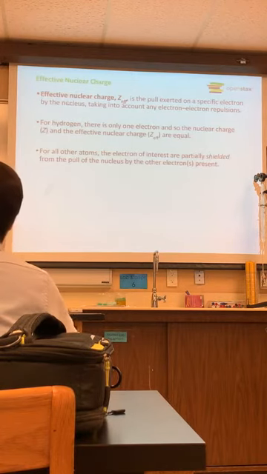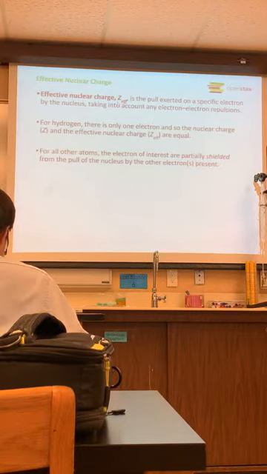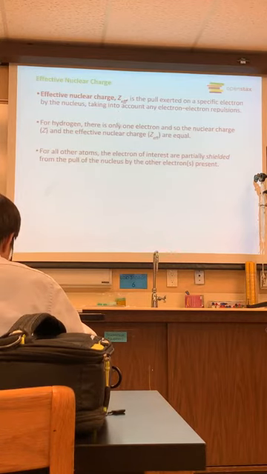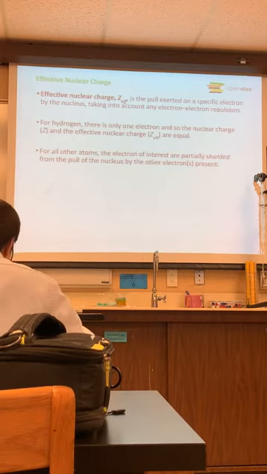When you go down a group, you're going to have more effective nuclear charge. That nuclear charge is from the protons in the nucleus, but it actually gets hidden a little bit by the electrons that are closer to the nucleus than the outer electrons. We call that shielding. We say that the effective nuclear charge felt by an electron in the outer part of the atom is shielded by the electrons closer to the nucleus.